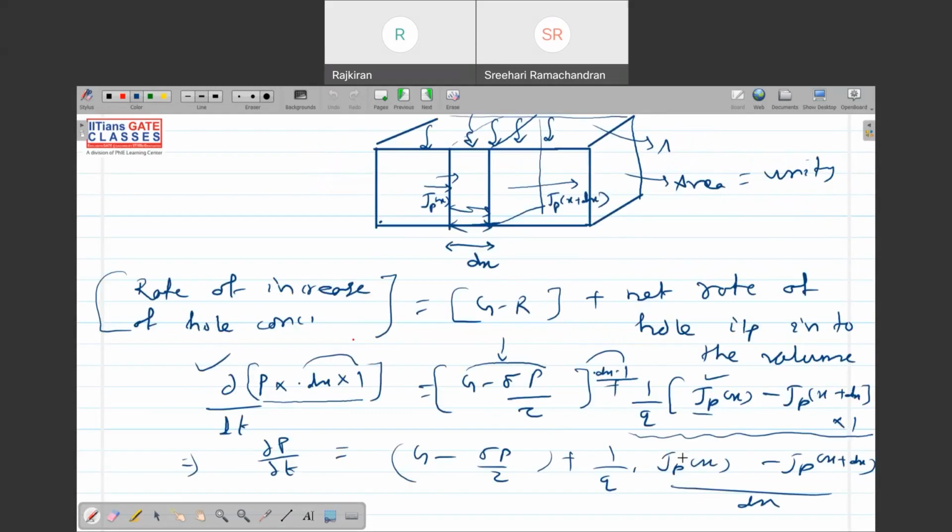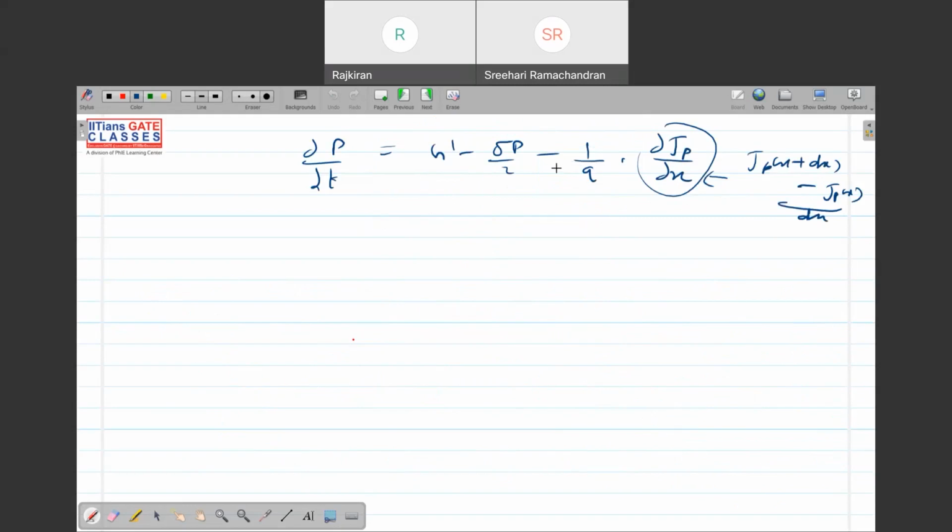But here it is JPX minus JPX plus dx, so that's why there should be a minus here. Clear? So this is the continuity equation for hole. Let me write it clearly. It will be dp by dt is equal to net generation rate minus 1 by q into djp by dx.